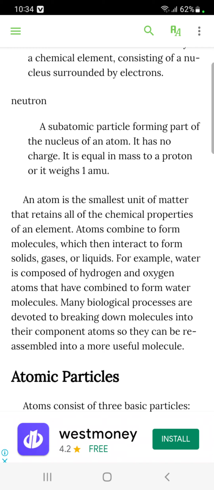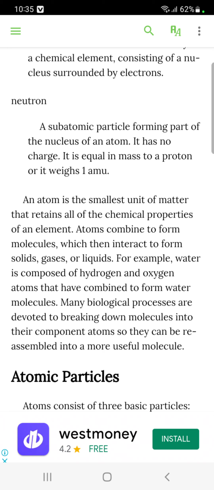An atom is the smallest unit of matter that retains all of the chemical properties of an element. Atoms combine to form molecules, which then interact to form solids, gases, or liquids. For example, water is composed of hydrogen and oxygen.